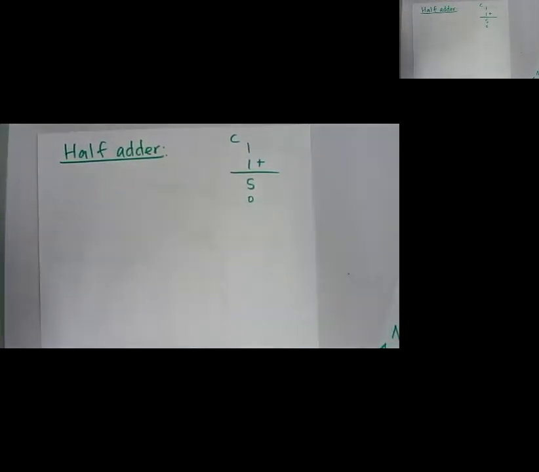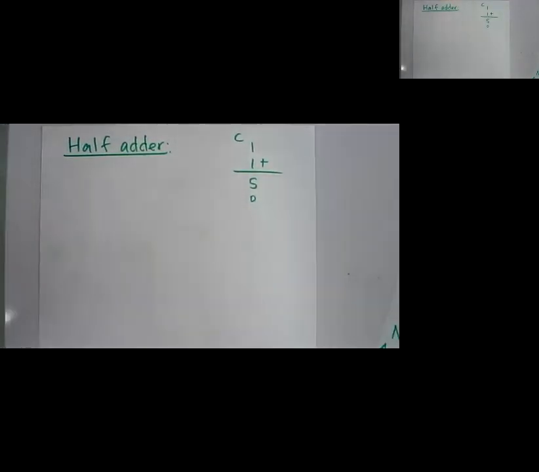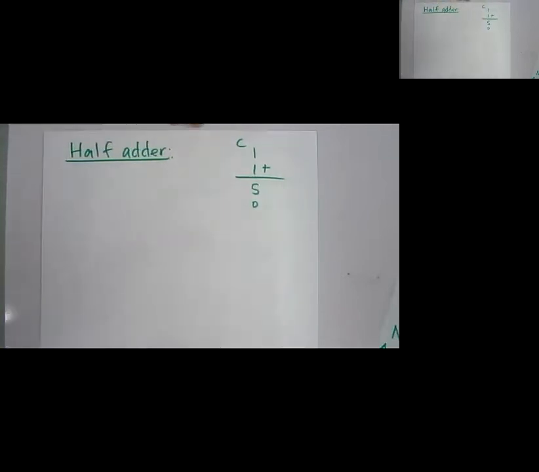It could be zero or don't care, whatever, but your truth table must consist of all the possible inputs and outputs. In this case, when I am adding two bits, I have two outputs. One is sum and the other one is carry, C.